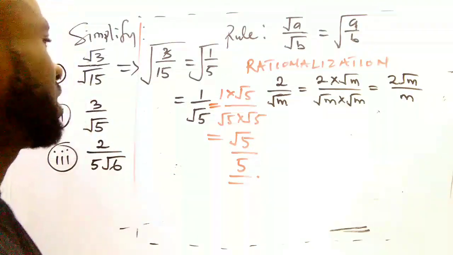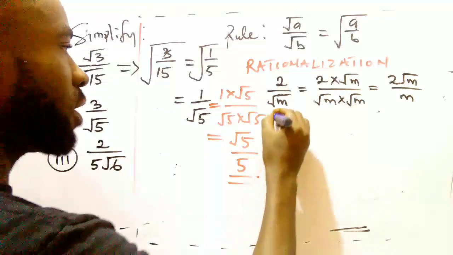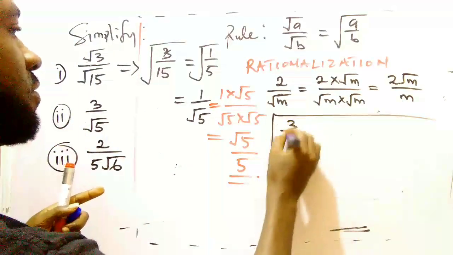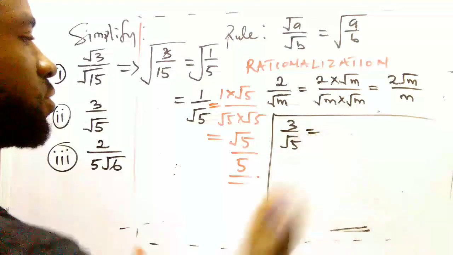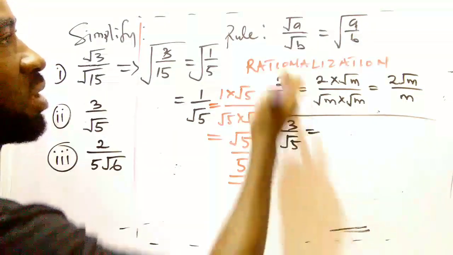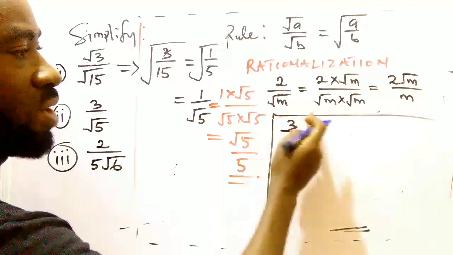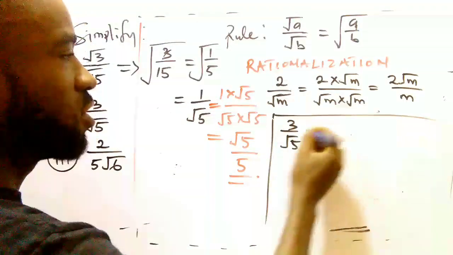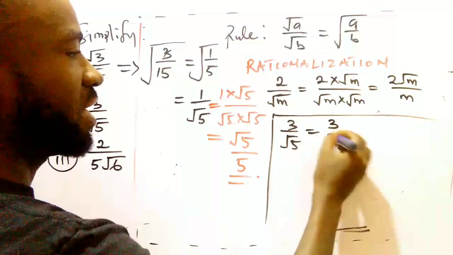Okay, so let's look at the second one. The second one says 3 over root 5. So this one, we cannot apply this rule yet because this one does not have a radical at the numerator. So we are simply going to rationalize.